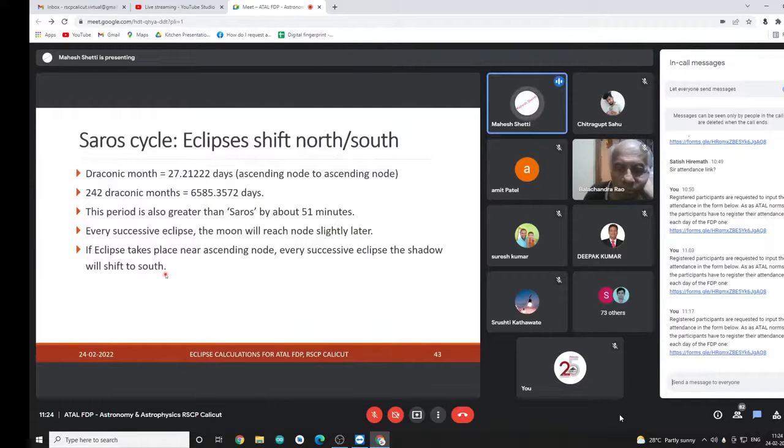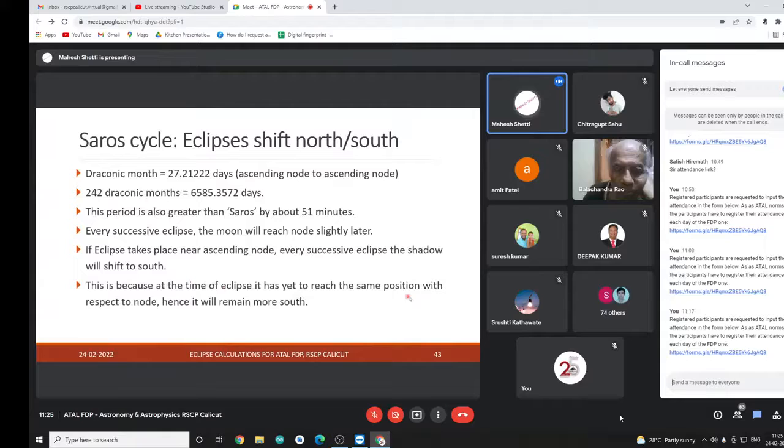So if moon is south of equator, its shadow will further go south. Okay, if moon is north of the ecliptic, its shadow will further go north. So if it is on ecliptic, the shadow will fall on ecliptic. So this is because at the time of eclipse, it has yet to reach the same position with respect to node. Hence, it will remain more south, and the shadow will be to the south.